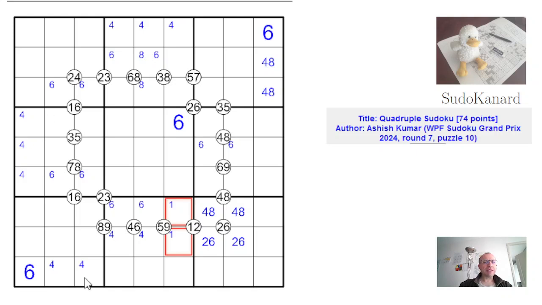What next? There's a 9 here, so I can't have a 9 here. There will have to be a 9 in there. There's not a lot of information, to be honest, so it's not easy.